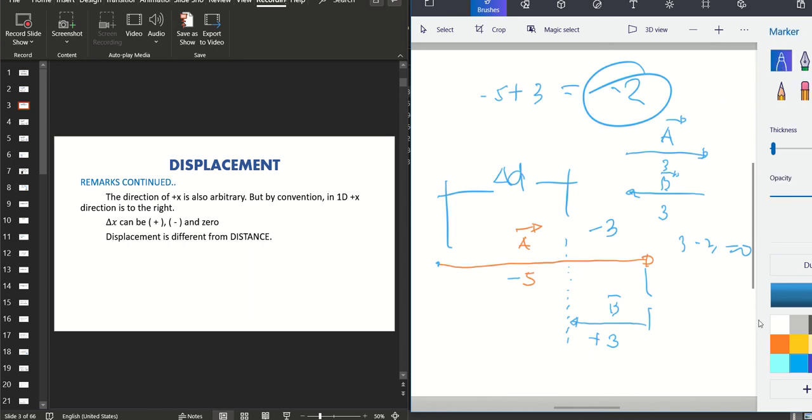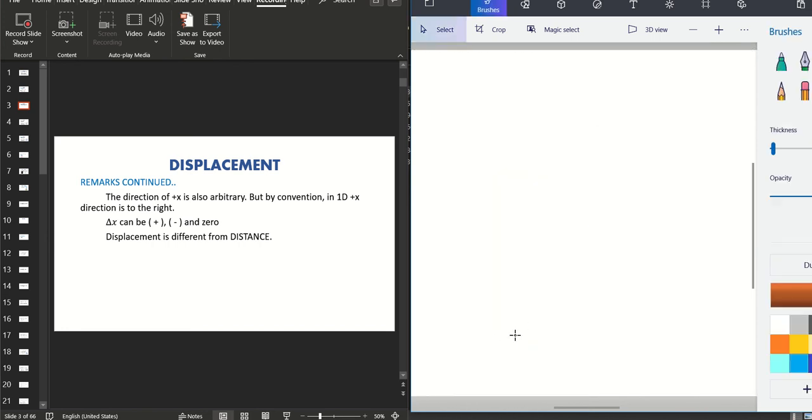The reason for this is because this is your initial position, and this is your final position, and they're basically the same. So 0. Alright? But here, this is your initial position, and this is now your final position. So you have a remaining distance. So that's the displacement, which is 2.